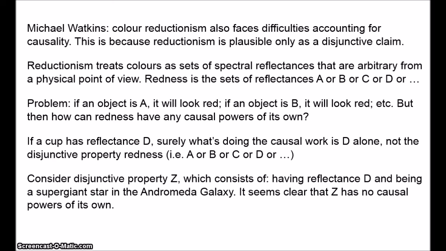Now, of course, the fact that both primitivism and reductionism face this problem is perhaps a reason not to defend primitivism, but to reject both primitivism and reductionism. From the anti-realist point of view, Watkins has simply pointed out a good reason not to be a colour realist. But Watkins's point, of course, is that if we are attracted to colour realism, primitivism is no worse off as far as causal powers are concerned.